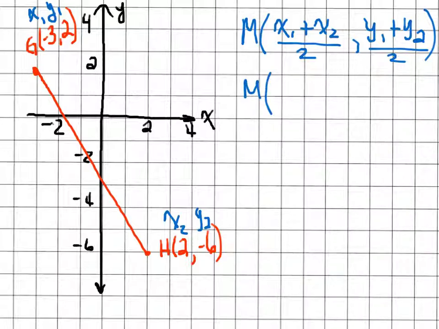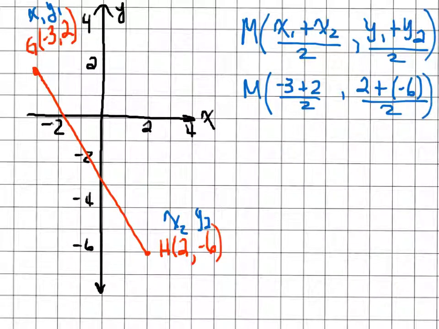So I have -3 plus 2, all divided by 2. And I have 2 plus -6, all divided by 2. So my midpoint is minus 3 plus 2 is minus 1 over 2.